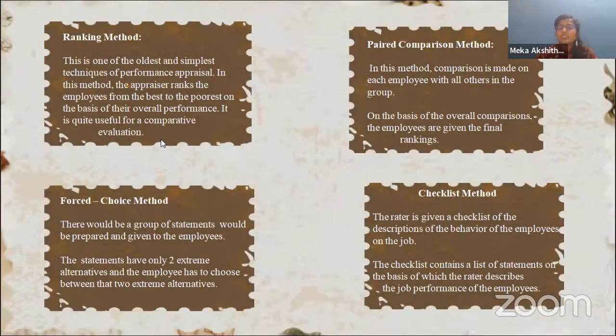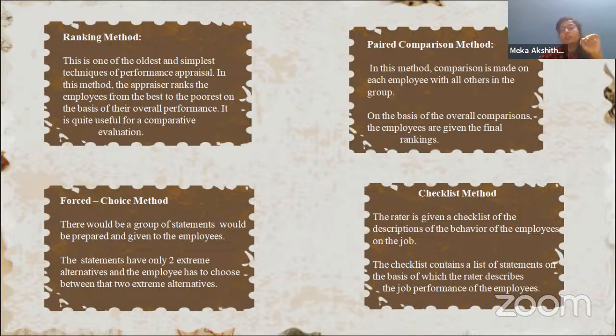So first one is the ranking method. In this ranking method, how the performance of the employee is evaluated is that there would be a group of employees in an organization, right? So they would consider all the employees, and they would rank each employee based on the other employees' performance, from the best to poor performance.